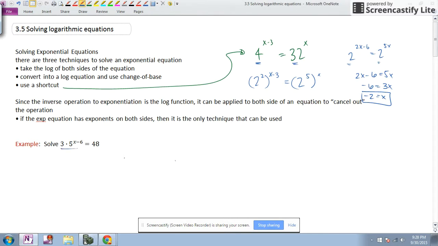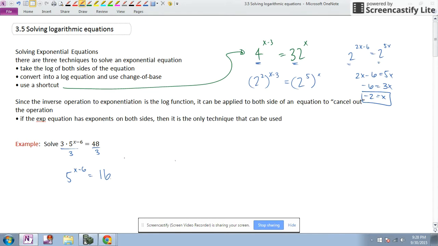And the quickest way to do that is divide both sides right here by 3. And I get 5 to the x minus 6 is equal to whatever 48 divided by 3 is. So I believe 16. So now I'm set up in the form that I like, and I can then solve. Now, again, I can try to use the shortcut, but I can't make them both base 5, so that's not going to work.